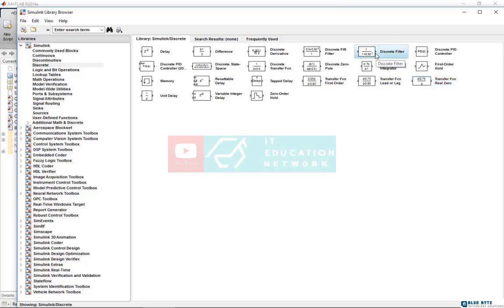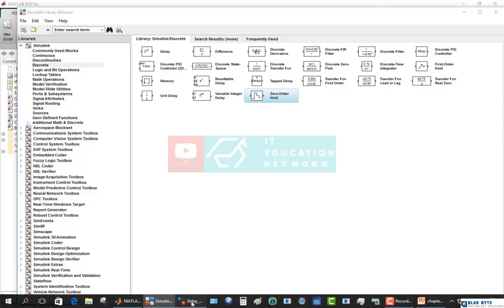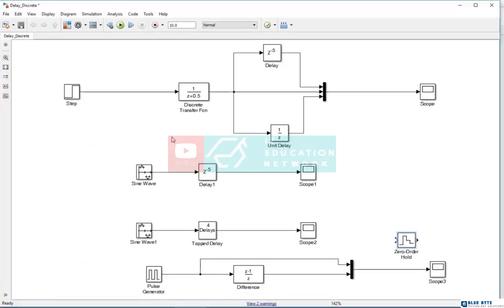Let's give an example about it. As you can see, this block has an input and output. This block shows the output in its sample time.